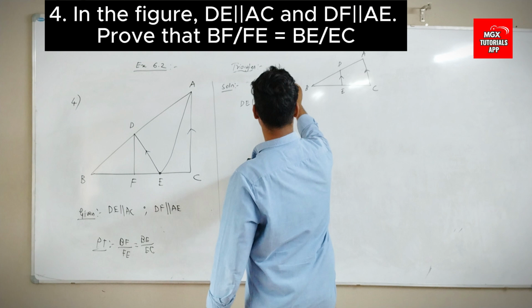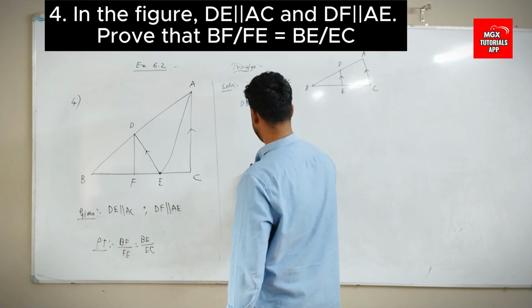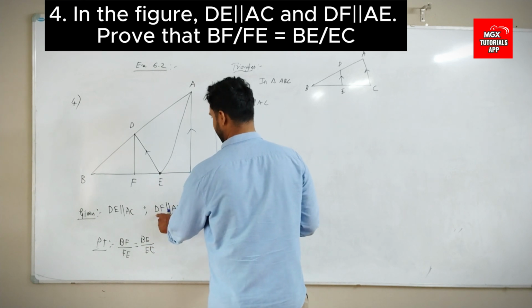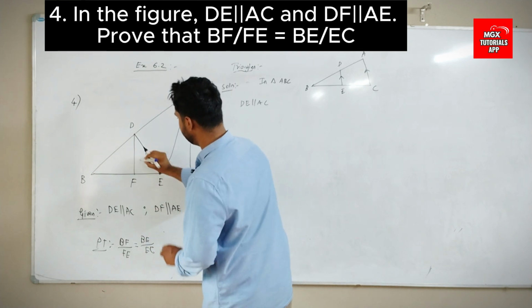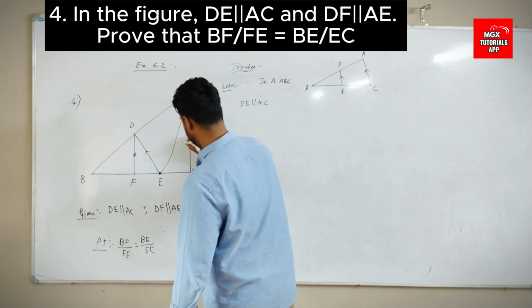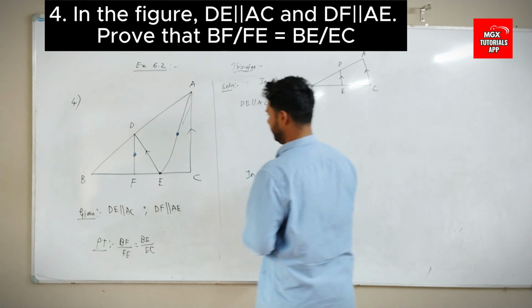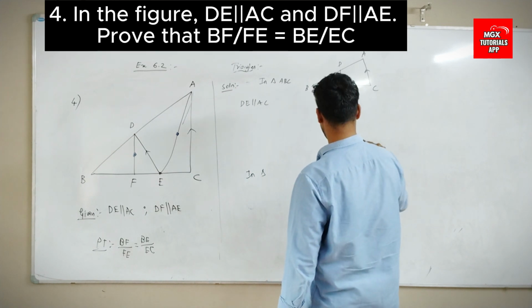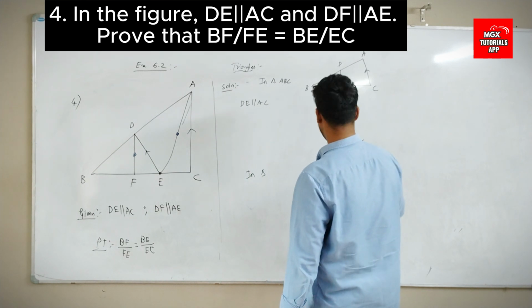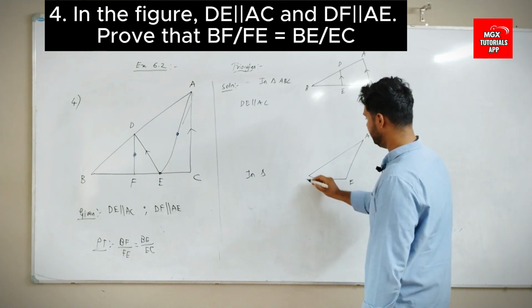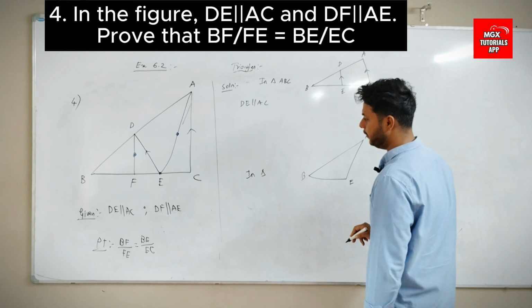In triangle ABC. Okay. Second, in triangle ABE, DF is parallel to AE. DF is here, AE is here. So the triangle ends here, AE is the ending part. It will go till B. And what are the parallels?